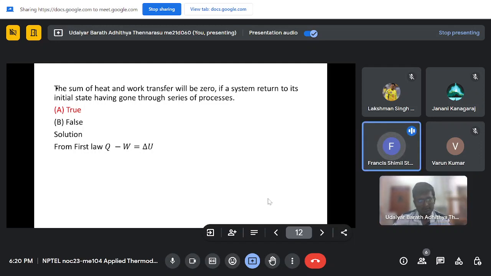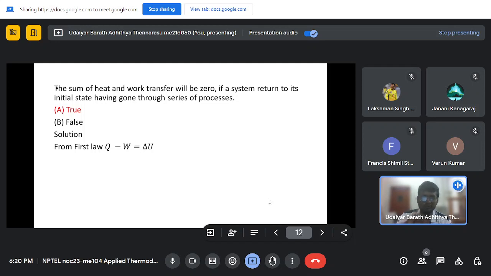By the sum, we don't need to consider it as actual addition. We just need to set the change in property to zero and rearrange the equation. This is true only if the system reaches its initial state. Then any property will change by zero.